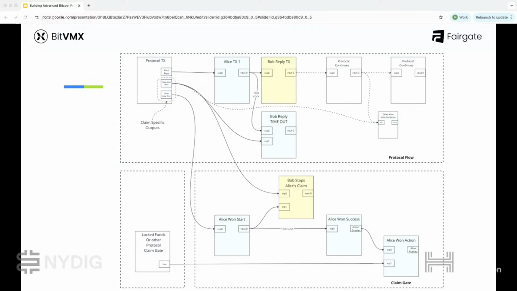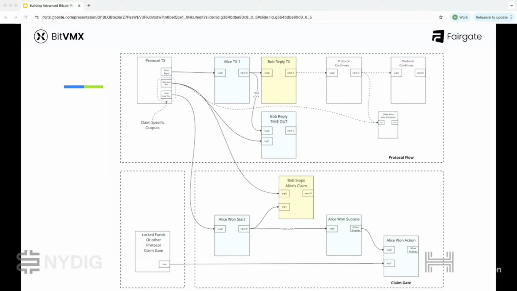So how can Alice actually put this claim on chain? Well, for that, first it needs to consume the enabler that will allow Bob to stop her. So the simplification is that you only need to consume that simple output from the transaction in each of the cases where Alice won, and then you have a claim gate to actually perform the execution of the action.